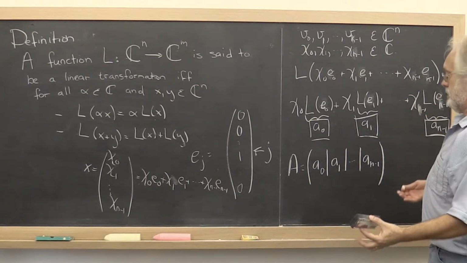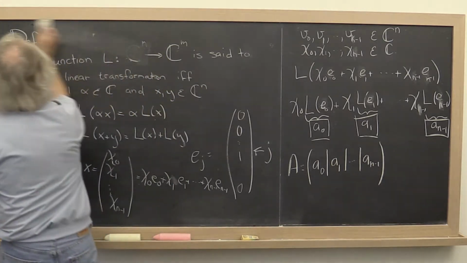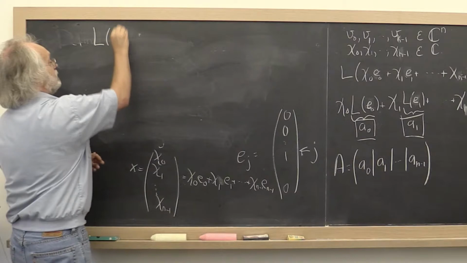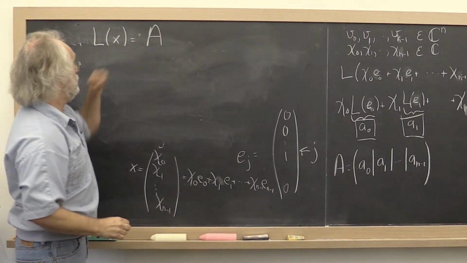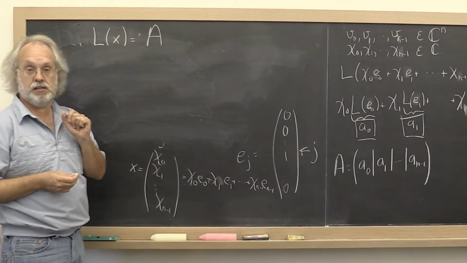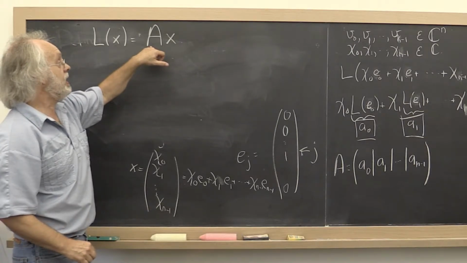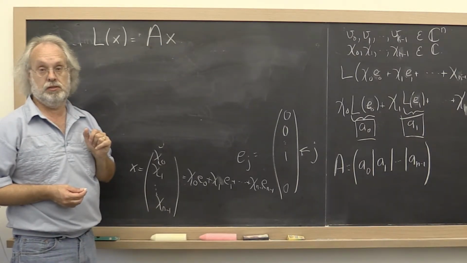Let's erase something and make some room. If we now want to evaluate L of x, we can instead utilize A and our knowledge about the coefficients of x, and we're going to write that as Ax, and we're going to say that is a matrix times a vector multiplication.